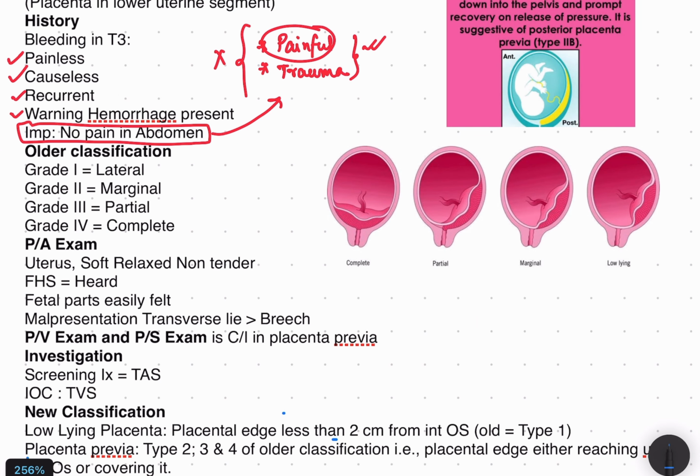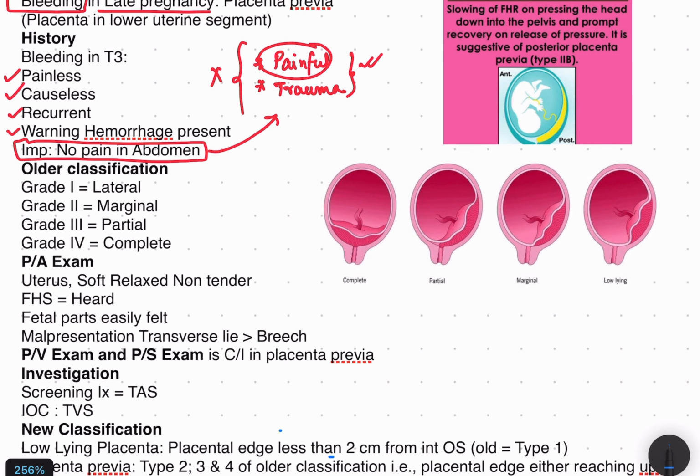Now there is a classification system for placenta previa. If the margin of the placenta is within 2 centimeters of the internal os, that was previously known as lateral previa, but now it is known as low lying placenta.